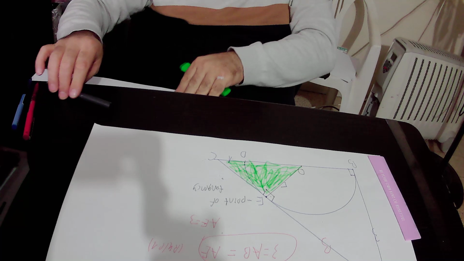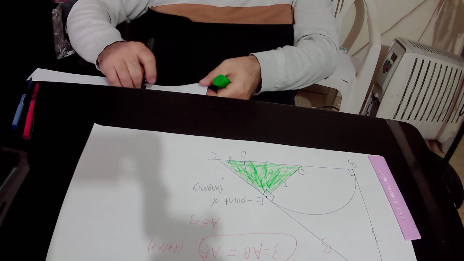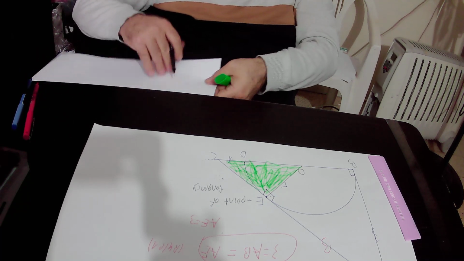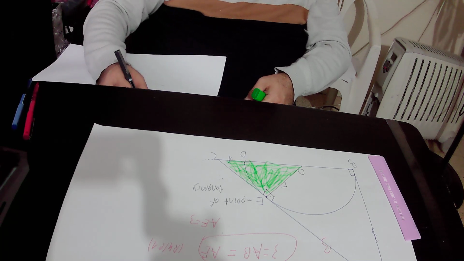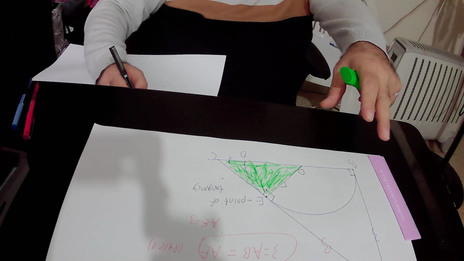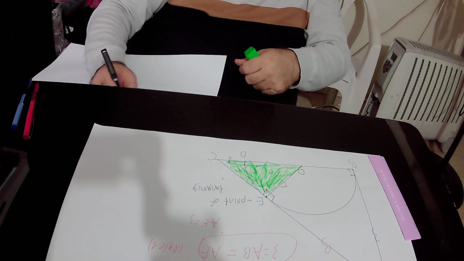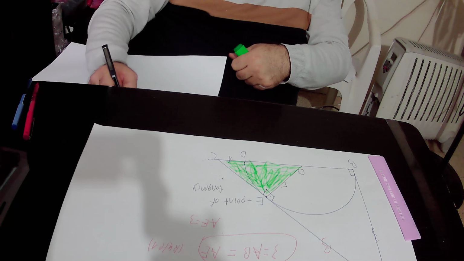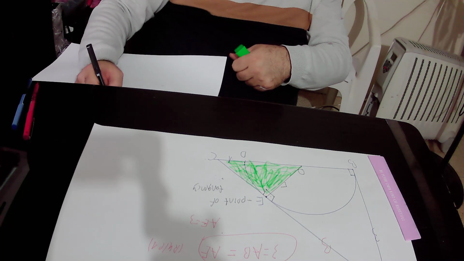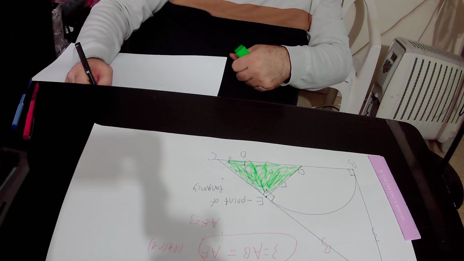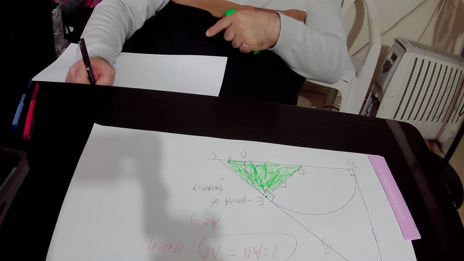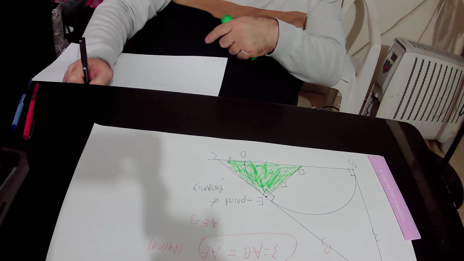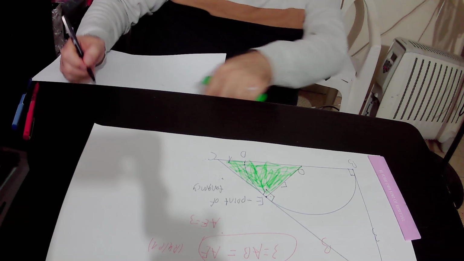So, we will focus on the big right triangle ABC and the small green triangle OEC. Okay.